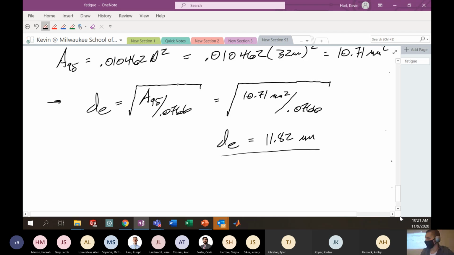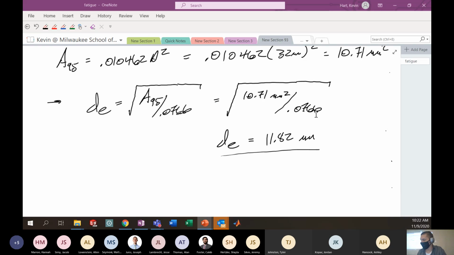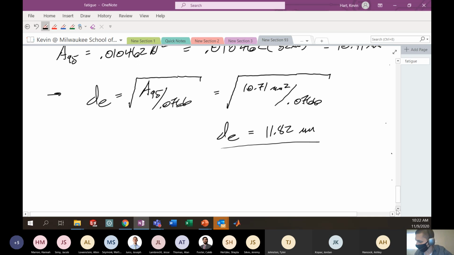All right. So our effective diameter, 11.82. We go back to the chart. We see where that effective diameter fits in on our appropriate domain. And so again, since we're at this range between 2.79 and 51 millimeters, we're still going to use that 1.24 d to the negative 0.107. But my effective diameter here is now just a different value.